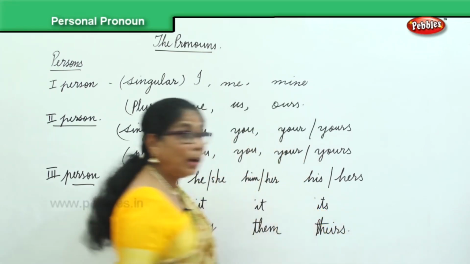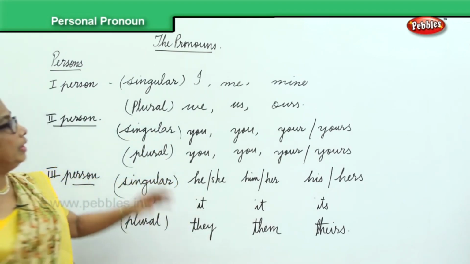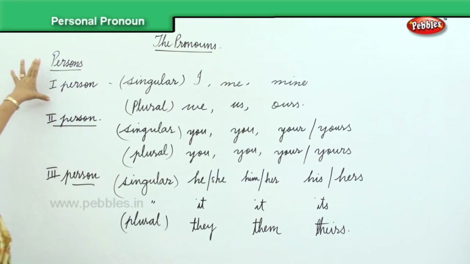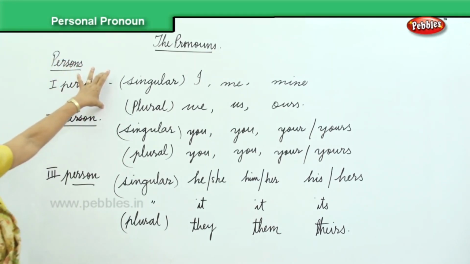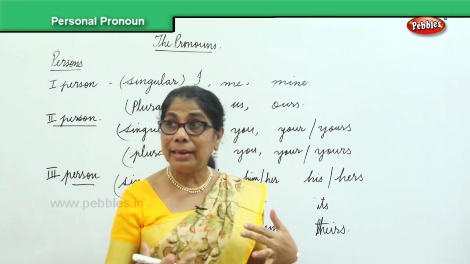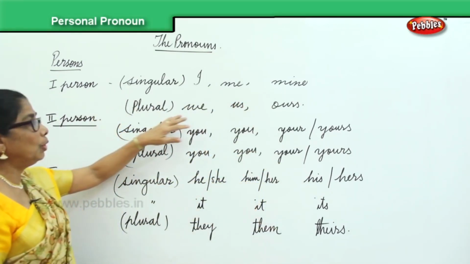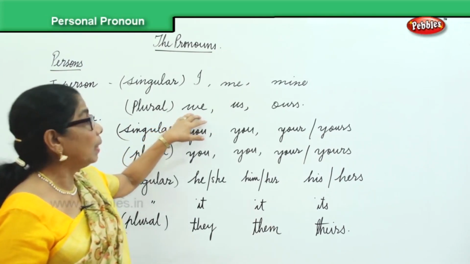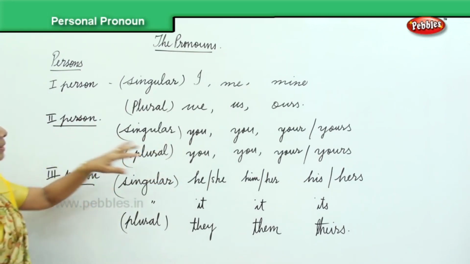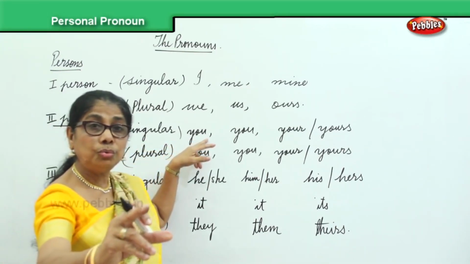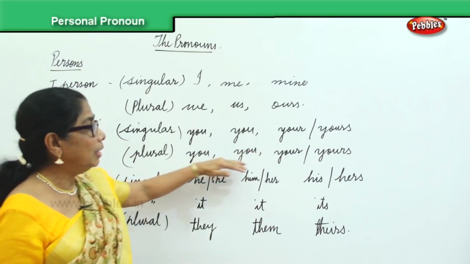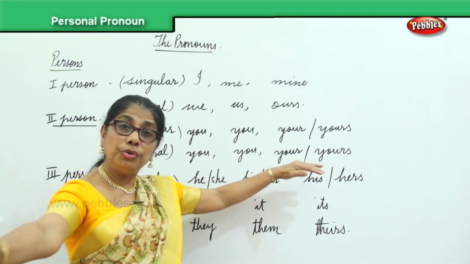These are all words, but when we do this in a sentence, you will understand better. In the personal pronoun, first person singular we say I, me, this book is mine, and things like that. In the plural, we'll say we, us, ours, etc. In the second person singular, you'll say you, yours, things like that. In the plural form, again you use your, yours.